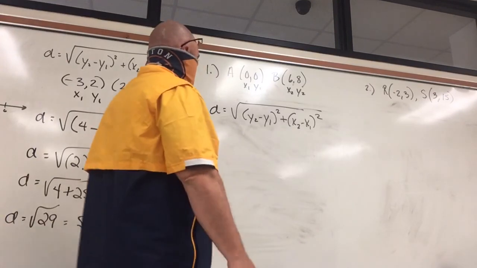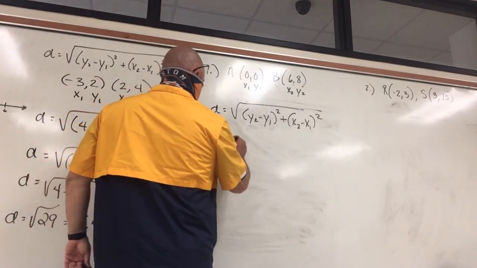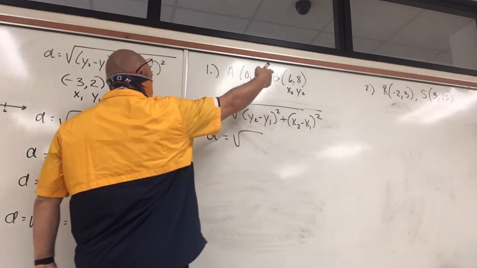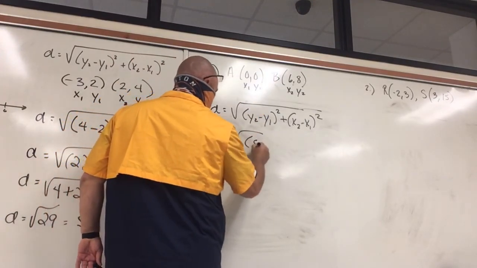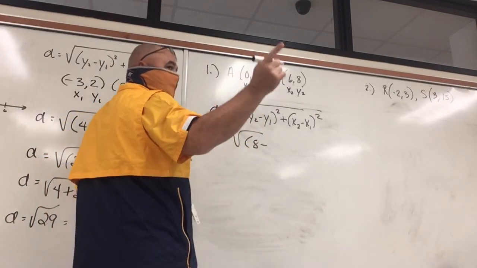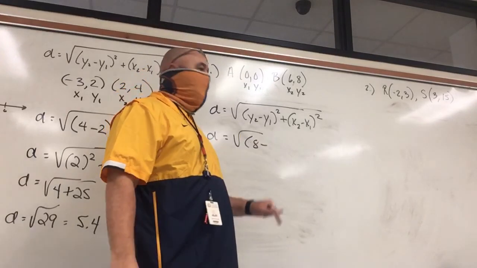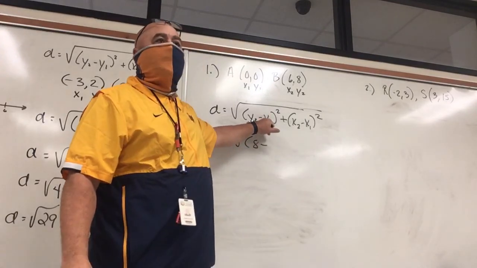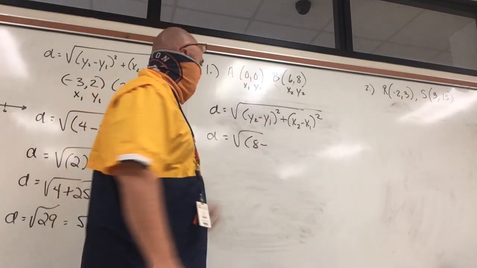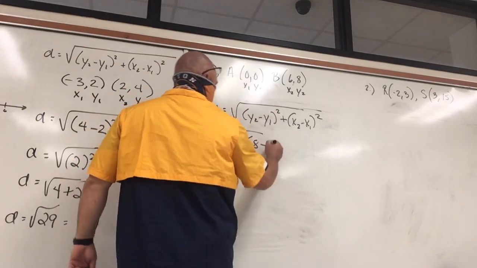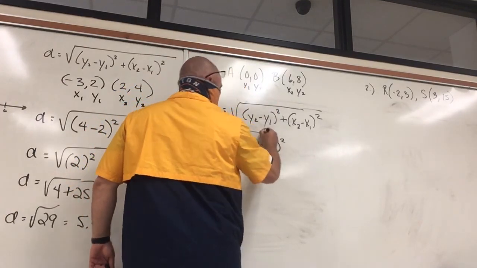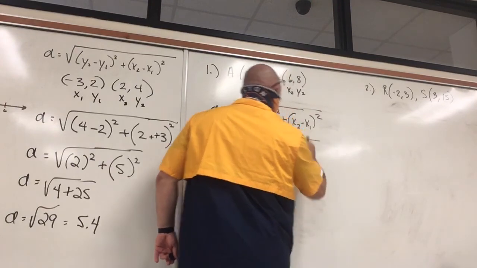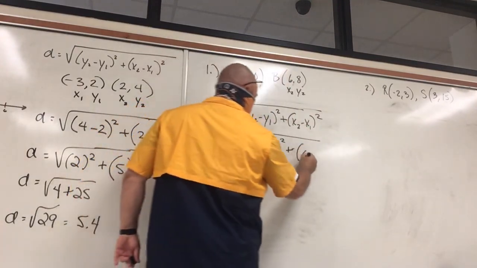As long as you have a minus and a square. Okay? Alright, so I got D equals, what's Y2 up here? 8. 8 minus Y1, which is 0, squared, plus X2, 6. Very good, Brandon.